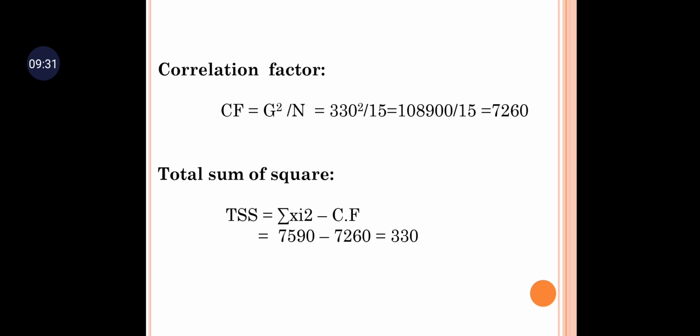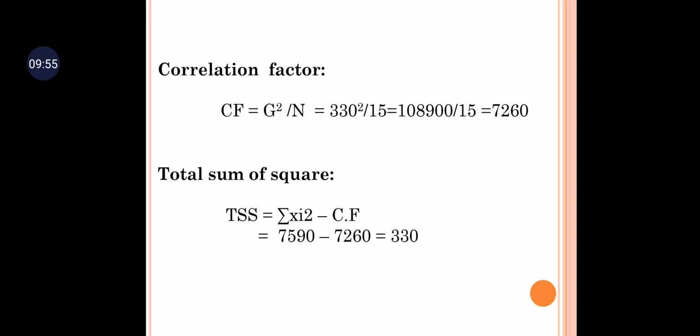First we handle the correction factor. CF equals G square divided by N. So 330 is the grand total, squared, divided by 15, the total number of samples. You calculate this as 7260.